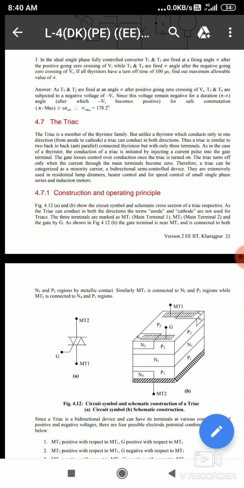This is the main schematic construction of the triac with the terminals MT2, MT1 and gate.